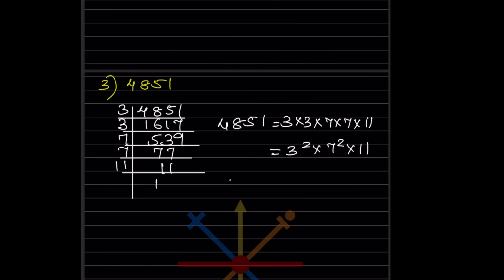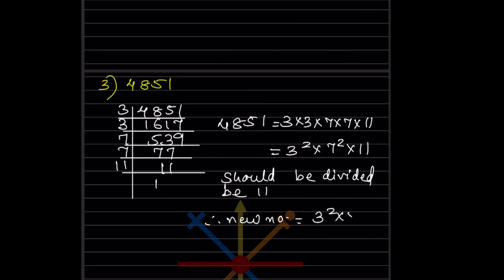So this should be divided by 11, because 11 is just, it's not in pair. So now what will you get here? Therefore new number is, so you are dividing means only these two numbers remain. So you are going to pair this one, multiply this one.